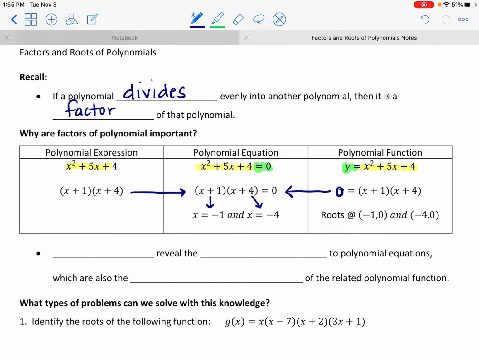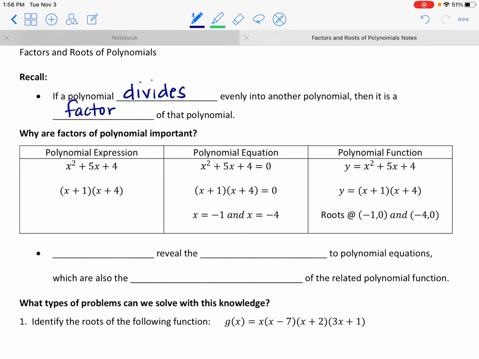So our solutions at x equals -1 and x equals -4 are really roots. When x is -1, our y value is 0, and when x is -4, our y value is 0. So the factors are important because they show us the solutions to our equations, and they show us the roots to our functions, which happen to be the same x values.